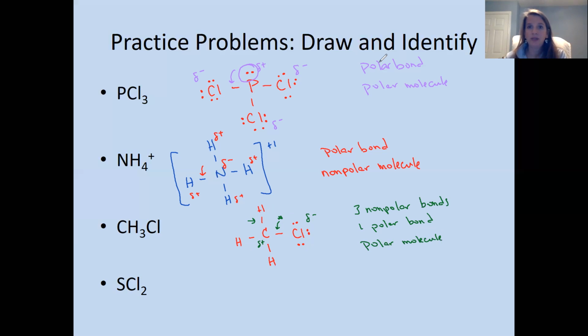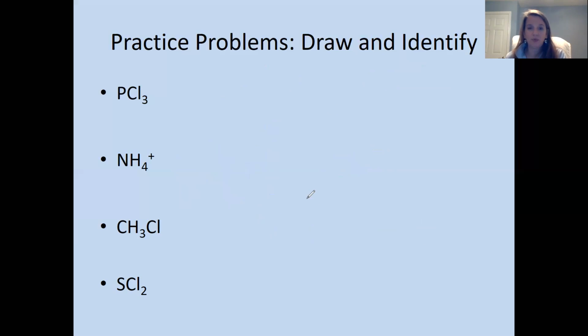Okay, let me clear my screen so I can do this last example. And put some dots on here. So the first thing we're going to do is we're going to ask ourselves, is the bond polar or nonpolar? Is it bonded to itself? Nope. Is it carbon-hydrogen? Nope. So we have polar bonds.